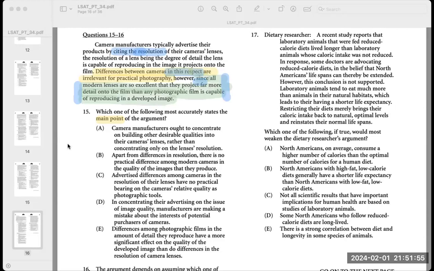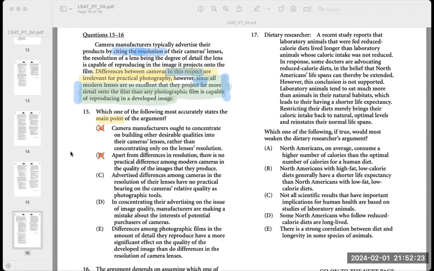I think it's more the point that this particular thing is irrelevant. B: apart from differences in resolution, there's no practical difference in quality of images. No, actually, it's kind of saying the opposite of that, right? That differences in resolution, that's the part where there's no practical difference among modern cameras. So it's not B either.